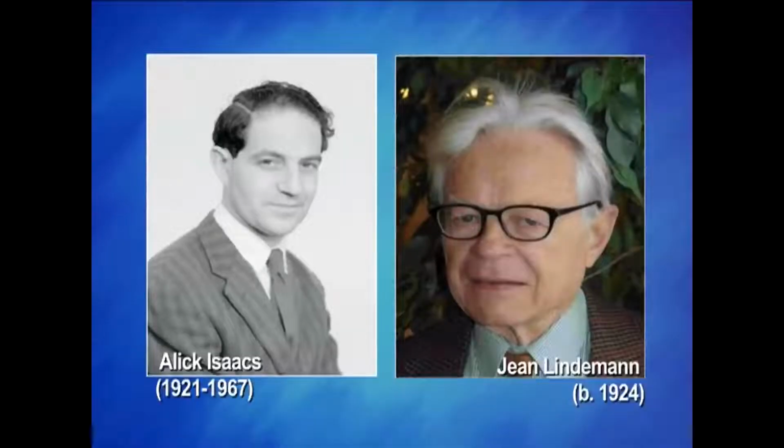Okay, good. Now coming to the next important discovery in 1957, by Isaacs and Lindenmann. They discovered a unique molecule which is a glycoprotein, and this glycoprotein is called interferon. And this interferon basically prevents a specific viral attack. How?